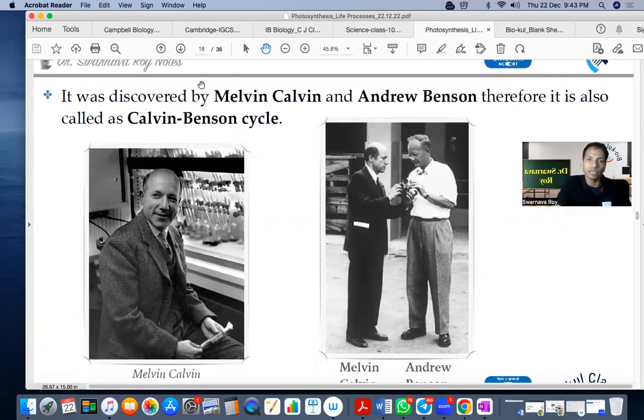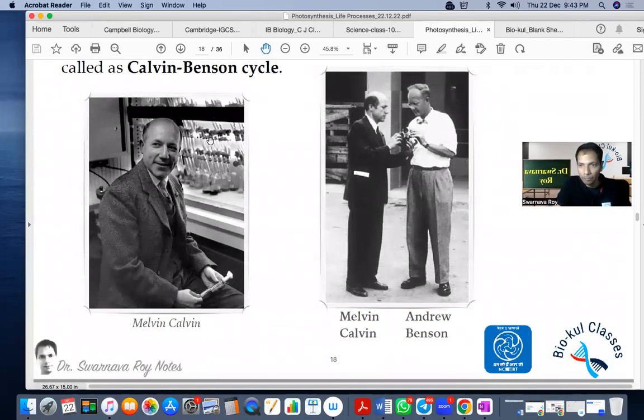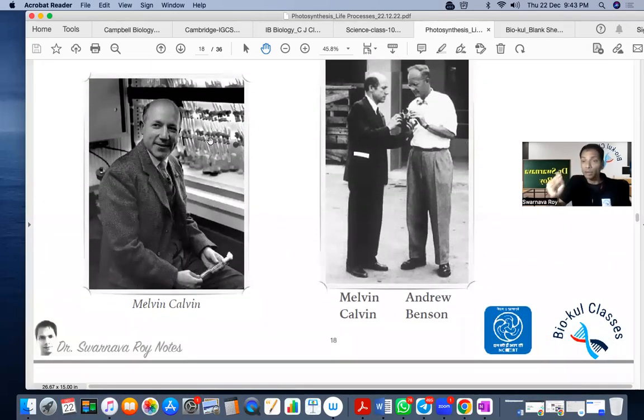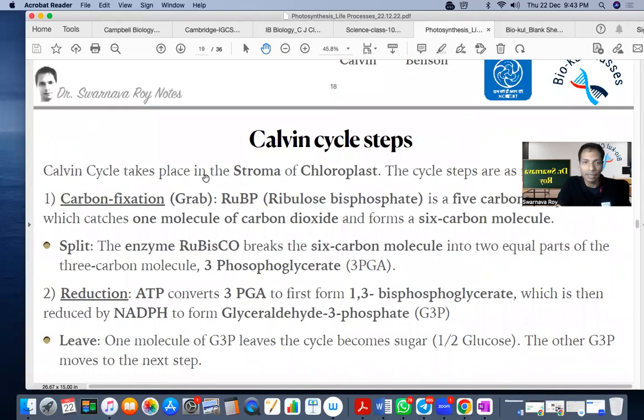So it was discovered by Melvin Calvin and his colleague Andrew Benson. So it is also called the Calvin-Benson cycle. And they used radioactive isotope to track all the reactions of the dark reaction. Okay. So what are the steps of the Calvin cycle or the dark reaction?